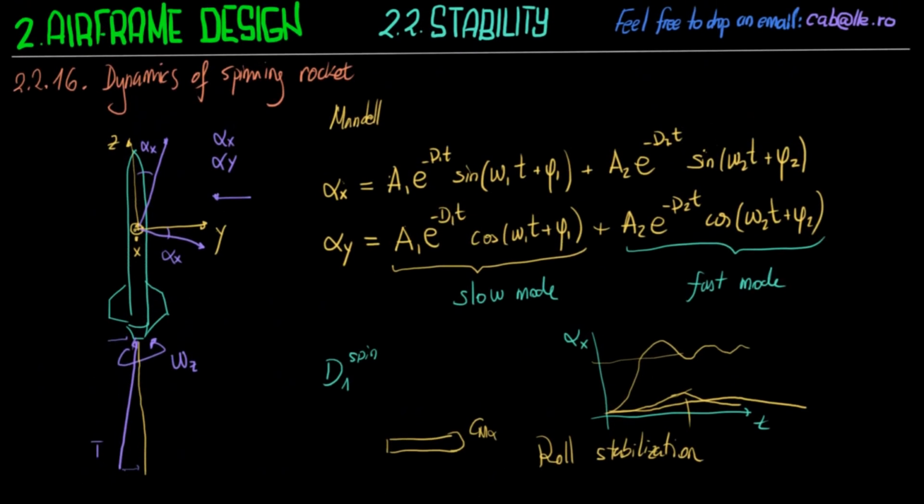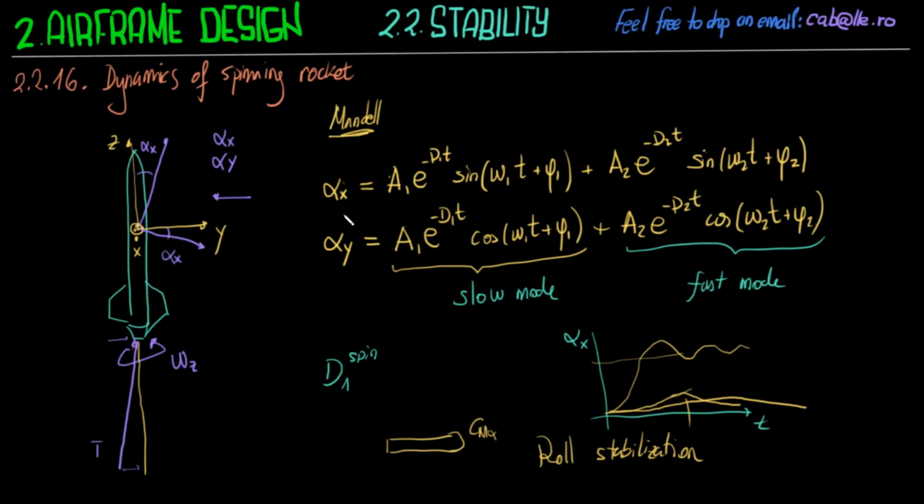And okay, so it really looks like roll stabilization is awesome for various reasons. First of all, if a rocket finds a perturbation, it's going to very slowly diverge from its path, very slowly, and slower if we spin the rocket faster. Oh, I didn't talk about these values. All right, I might as well write them down. You can find them in Mandel, but I'm just going to write them down.